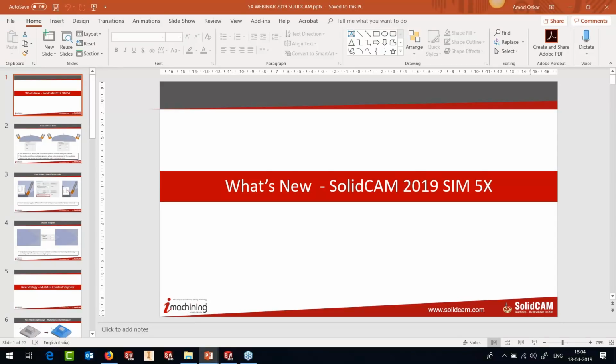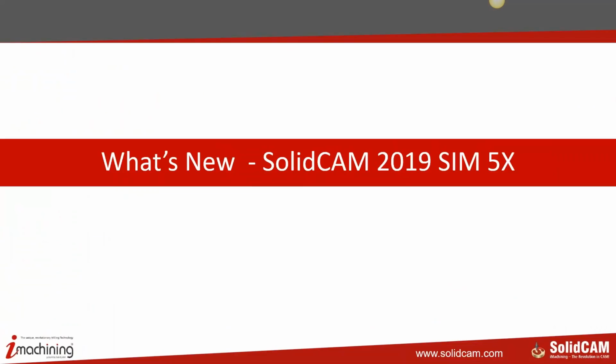Hello everyone. It's been a long time since we met on the webinar. So this week I'm going to spend time on 3 subjects. First of all, some small areas of change that we did in simultaneous 5-axis functions.